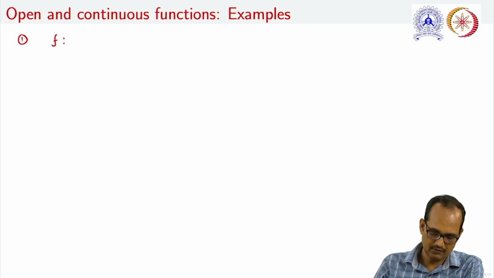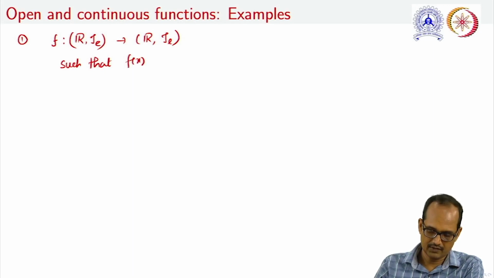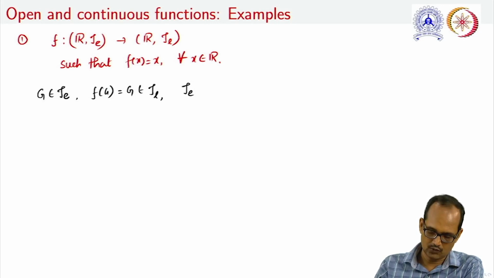Now let us take the first example. This is a function f from R with Euclidean topology to R with lower limit topology such that f(x) = x for all x belongs to R. Then if we are taking any G belongs to tau_e, what about this f(G)? That will again be G, that belongs to this lower limit topology, as we know that Euclidean topology is coarser than lower limit topology, and therefore this f is open.